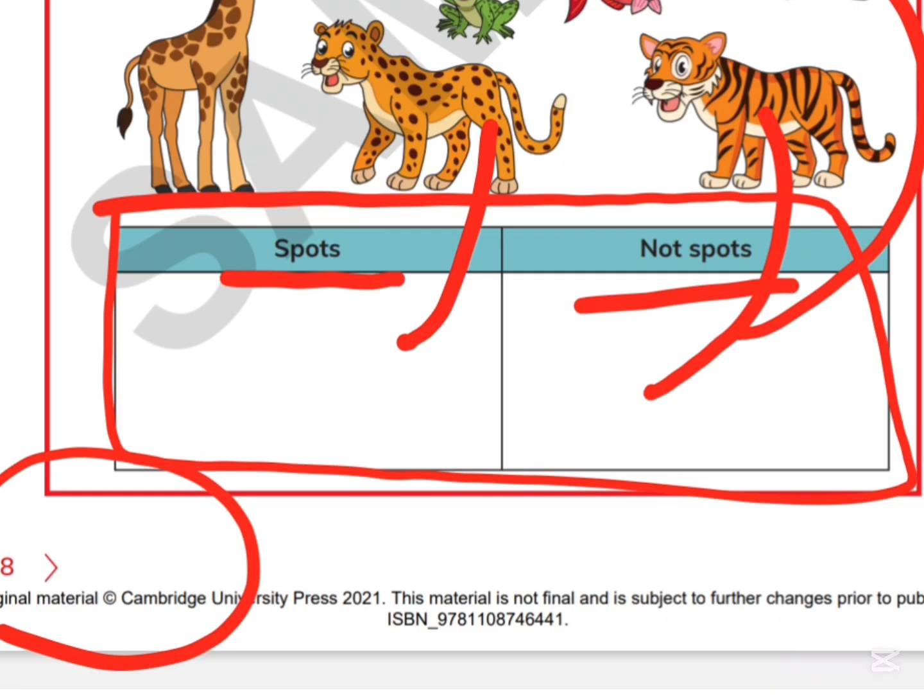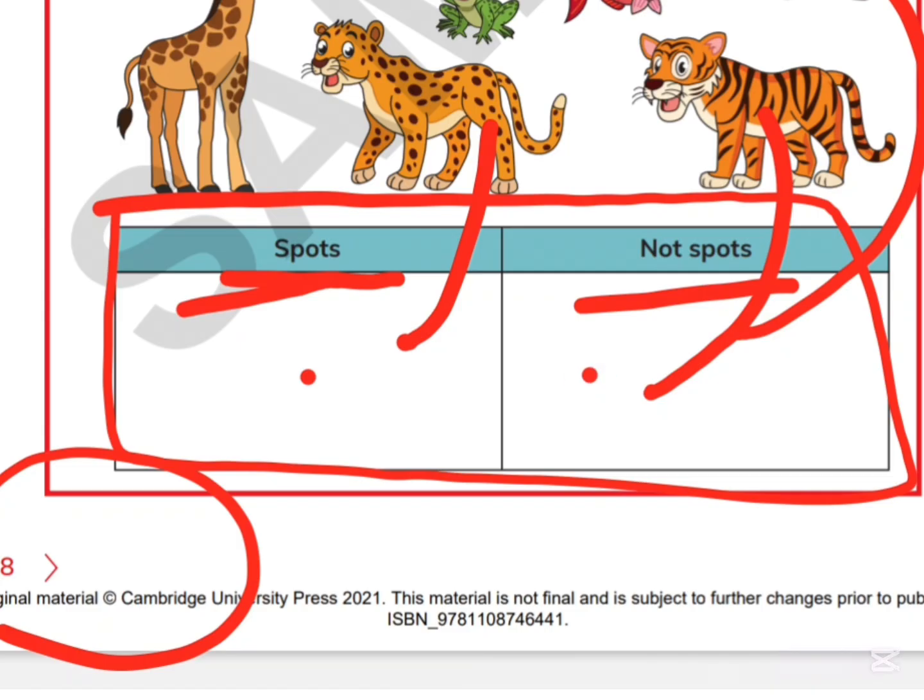What you have to do is draw lines. Which animal has spots on its body will go here, and which does not have spots will go here.